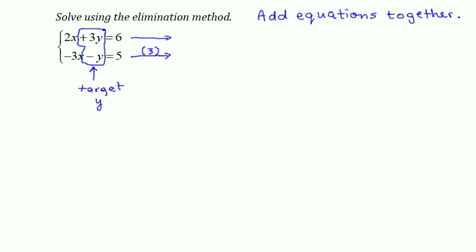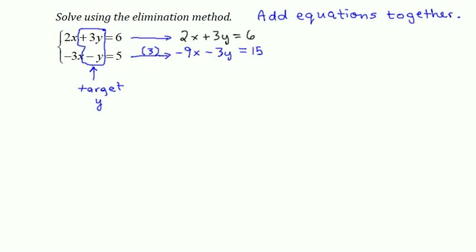It's still the same equation, it's just written in a different form. So the top equation doesn't change, it stays 2x plus 3y equals 6. But the bottom equation, everything gets multiplied by 3, so that we have negative 9x minus 3y equals 15.